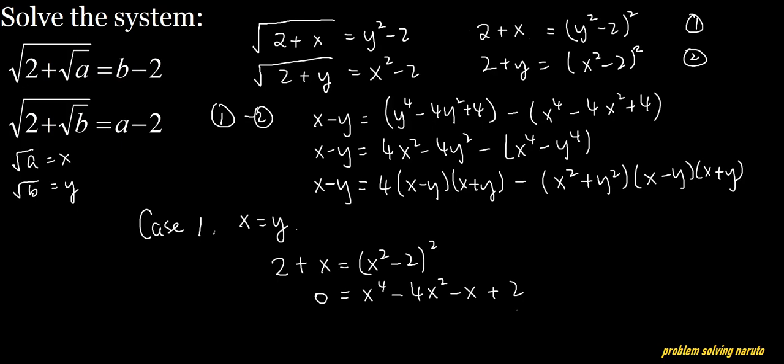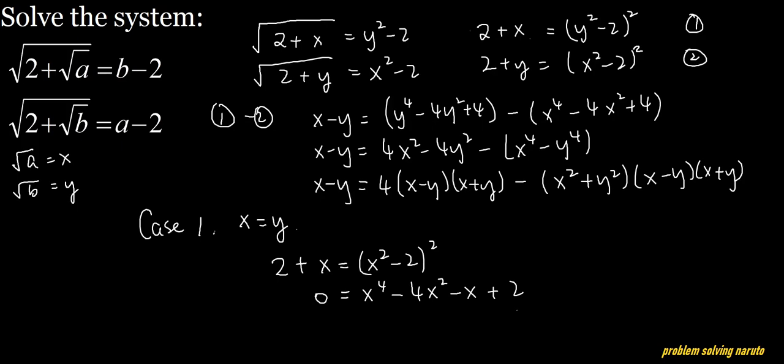Degree 4, not my favorite, but whenever you are in this situation, you can only hope that at least one of the roots is an easy root, let's say an integer.